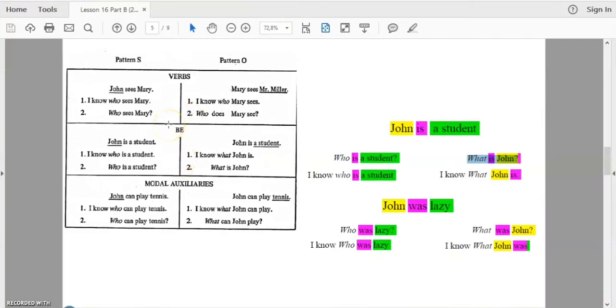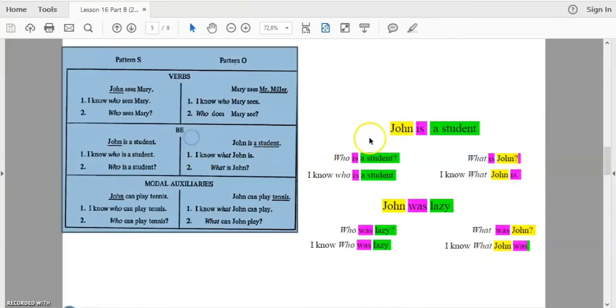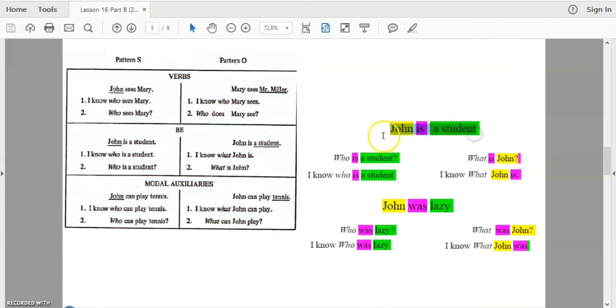When the sentence uses to be, here is the example: John is a student. John is the subject, is is to be, and a student is the object. So we just replace John with the WH question. Who is a student?